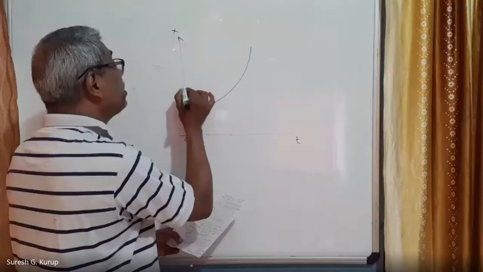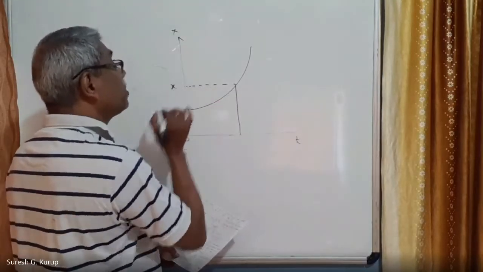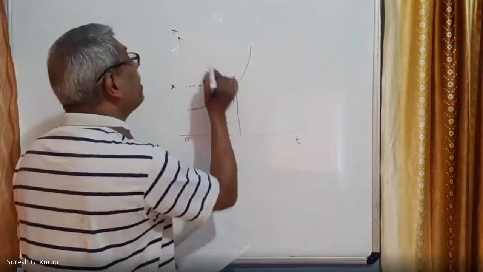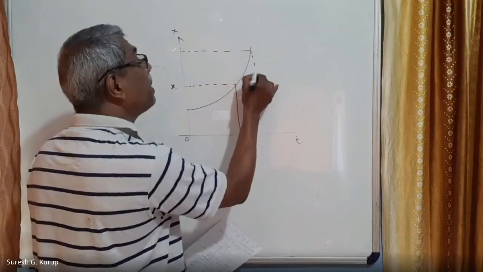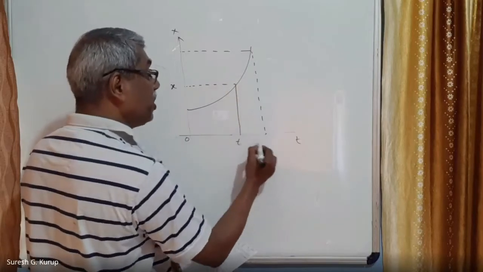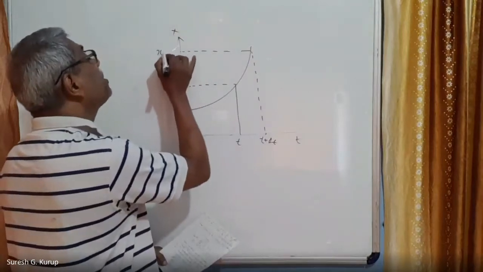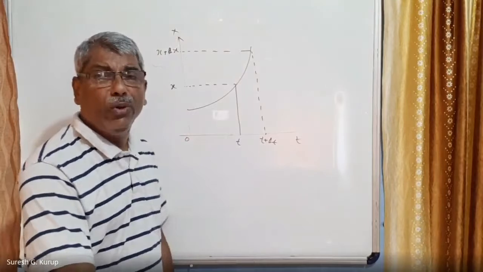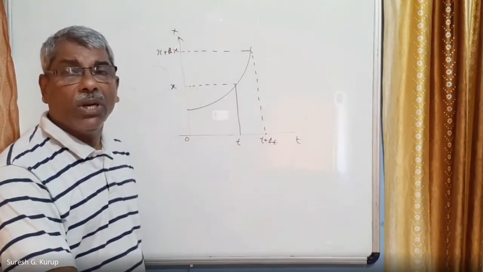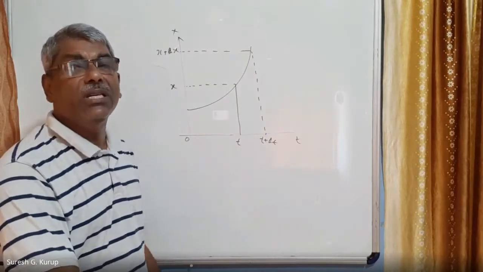At any instant t, the position of the body is x, shown here. At another instant t plus delta t, the position of the body is x plus delta x. When a body is moving in non-uniform motion, we calculate the average velocity and sometimes the instantaneous velocity.